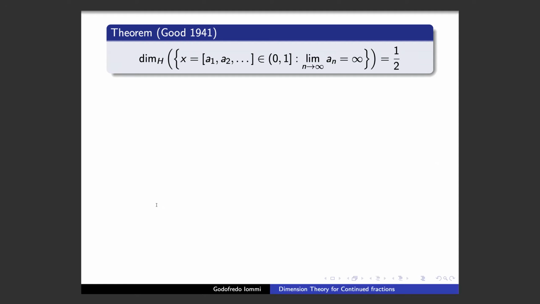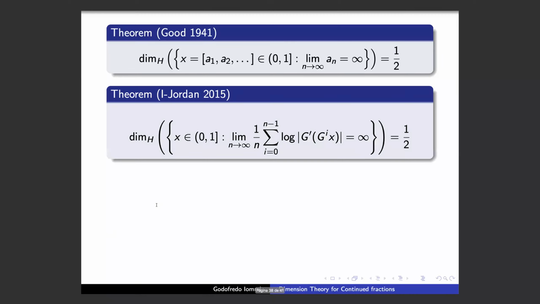Of course, this is related to what I'm talking about here because in that case, the frequency of appearance of everything is 0. So these are points for which the orbit, in a sense, escapes towards infinity. These are points that converge to 0, if you want to think that way.